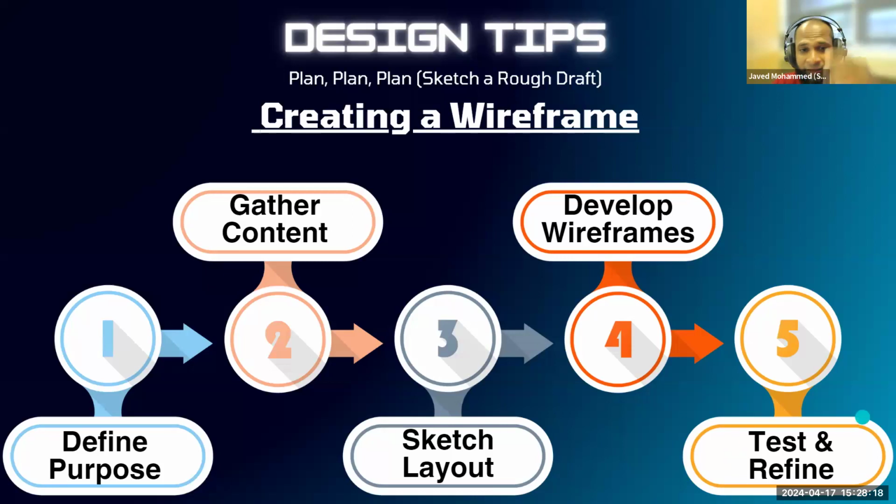And then the last step would be to refine and test. So this is not putting too much information right now on the site. I know it sounds like it's a lot, but it's going to help you. In the refining and testing now, you're just going to get feedback from your colleagues, your peers, talk to the husband, the wife, ask them to review this, how you think this layout is, and ask them for feedback.